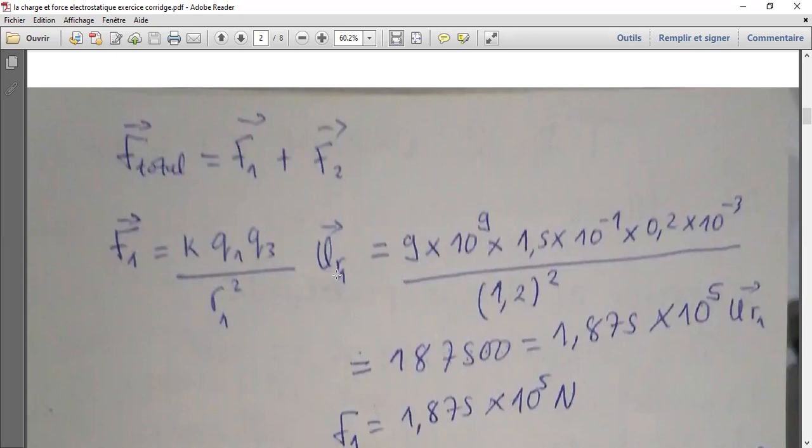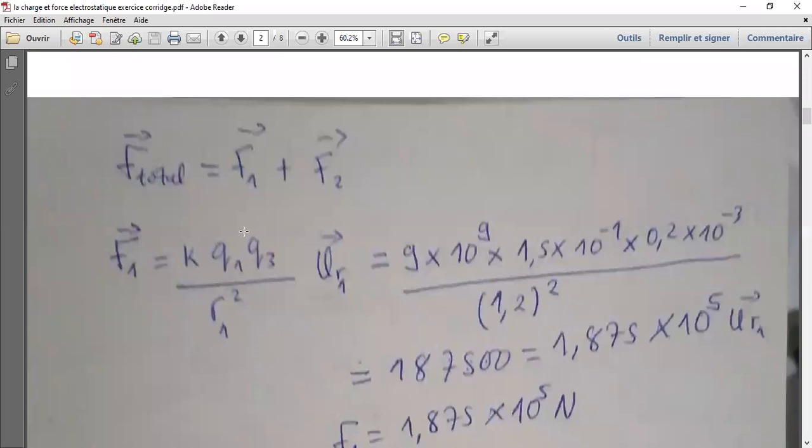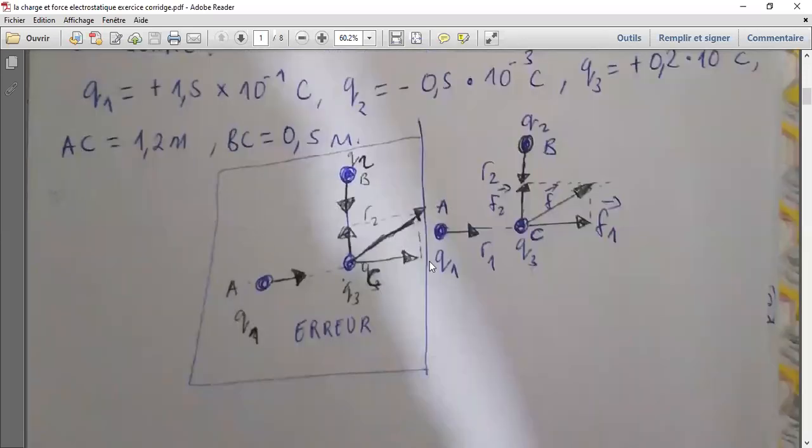Now they have given you your Q1 and your Q3. Since you are calculating F1, the charge you are going to use is Q1, the charge which is creating a force on Q3, or exerting a force on Q3, which gives you repulsion, F1, because they are positive.